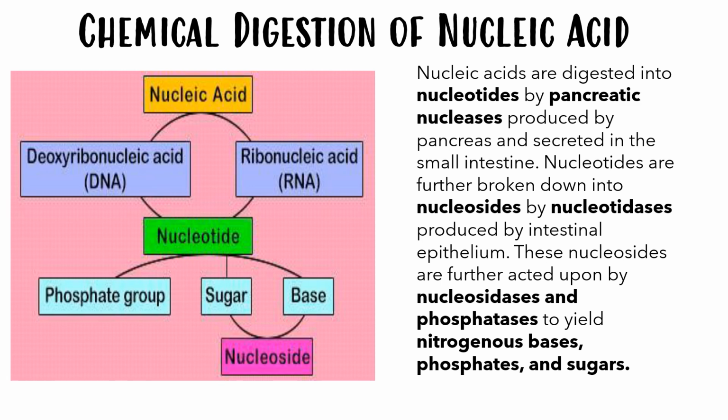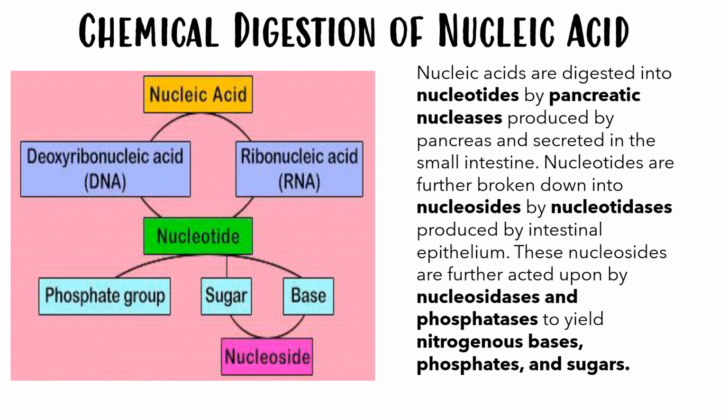Nucleotides are further broken down into nucleosides by nucleotidases produced by the intestinal epithelium. Usually, the digestion of our nucleic acid happens sa ating small intestine. These nucleosides are further acted on by nucleosidases and phosphatases to yield nitrogenous bases, phosphates, and sugars.